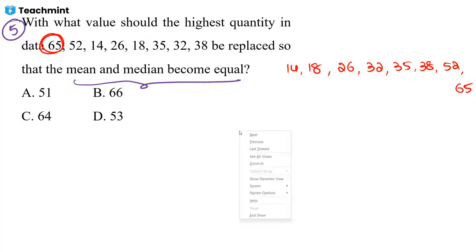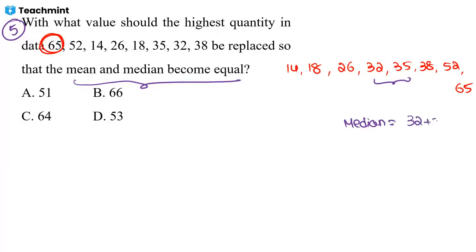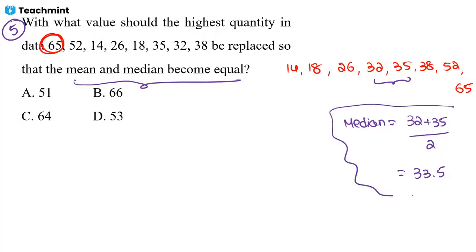Now median is 32 plus 35 divided by 2. When you have 8 terms or 6 terms, there are 2 middle numbers, and we take the average of those two. This is 67 divided by 2, which is 33.5. Median is 33.5.